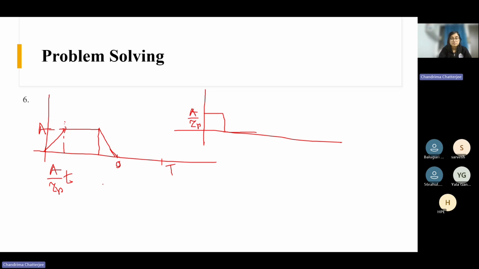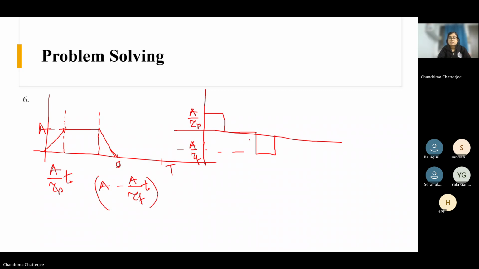The waveform is A minus A by tau f t. If you differentiate it, you will get minus A by tau f, because the slope is negative, that's why you will get a pulse in the negative direction. The amplitude is minus A by tau f. If tau r is equal to tau f, then there is a symmetry and further simplifications are done.